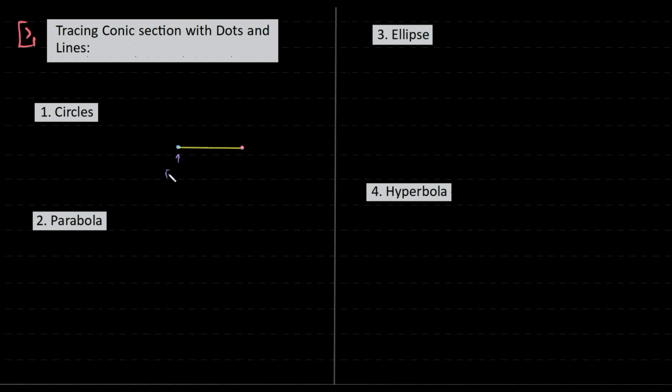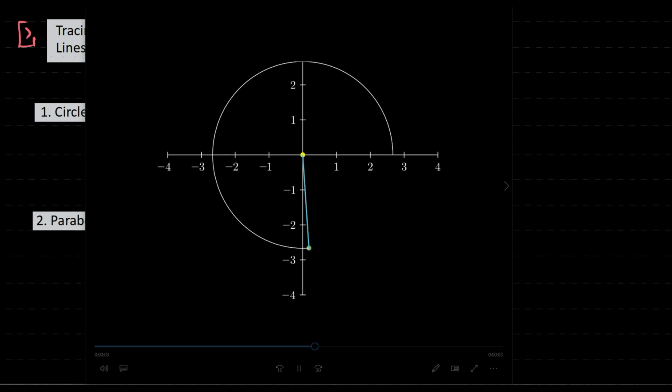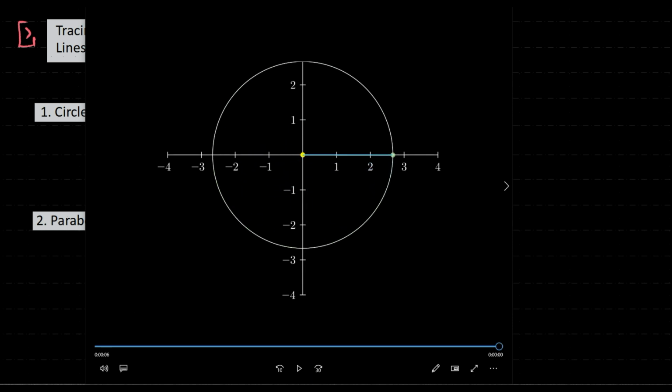This is a fixed dot, this is a fixed line, and this will rotate 360 degrees. So what happens? We get a circle. So that's how we can describe a circle.